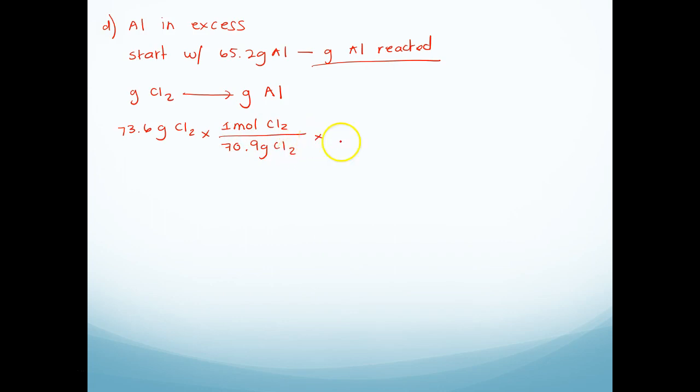And now our mole ratio, for 3 moles of chlorine, we need to react it with 2 moles of aluminum, and then 1 mole of aluminum is going to weigh 26.98 grams. Okay, and when we plug that into our calculator, we get 18.7 grams of aluminum.